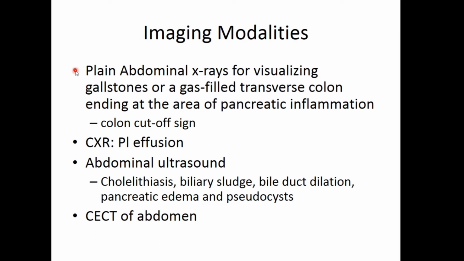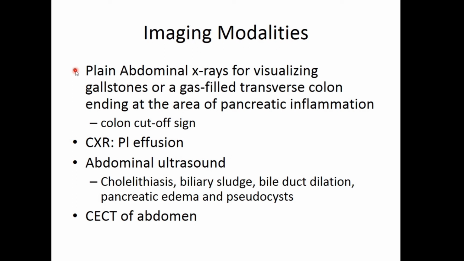Otherwise, if you want to image the pancreas, we also know that the pancreatic complications like necrosis and other things, usually after 1 week only those changes are apparent on a CT scan. So the best time to do a CT scan in the case of acute pancreatitis is usually after 1 week. If you have to do it earlier than that, that is only to make sure that you don't miss some other diagnosis.